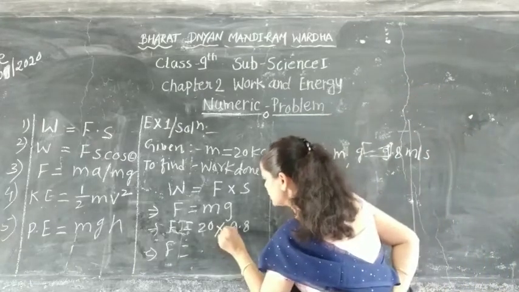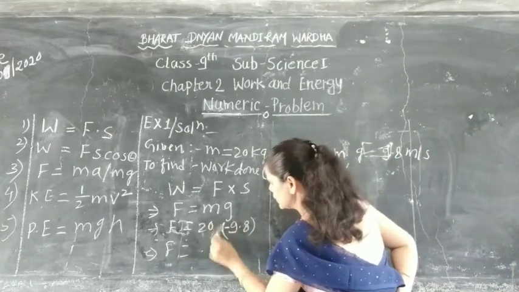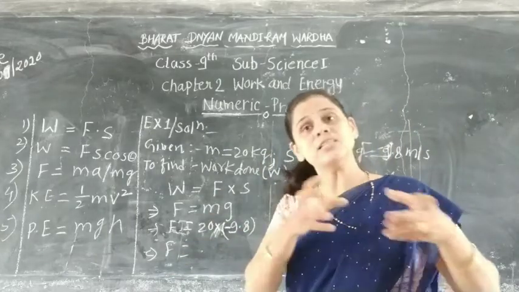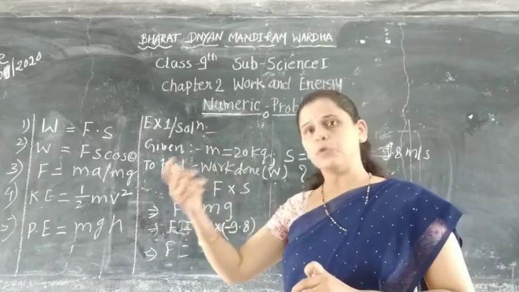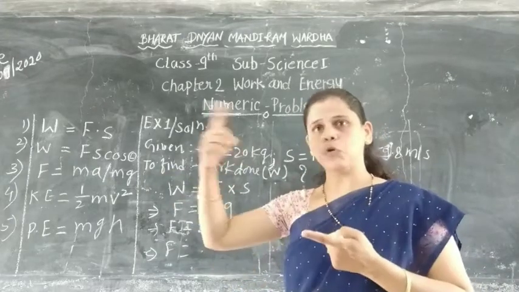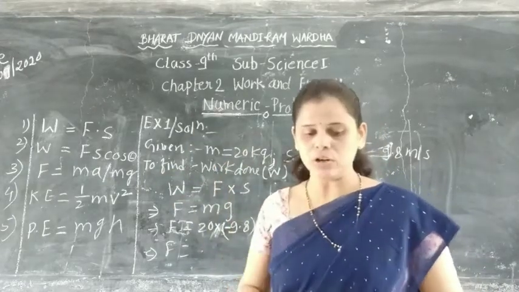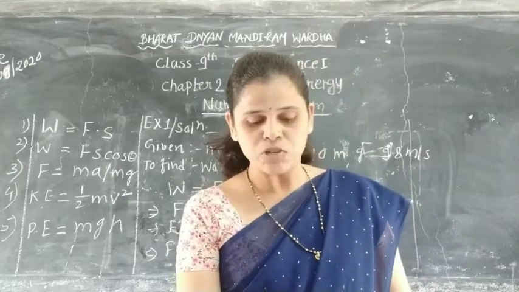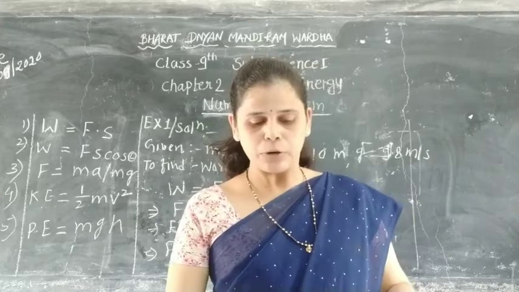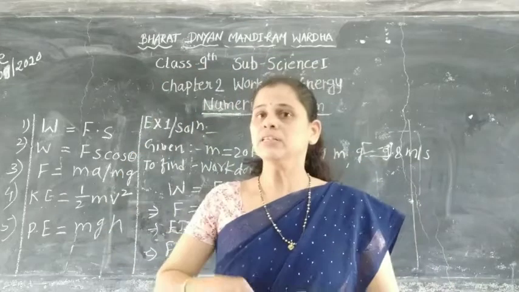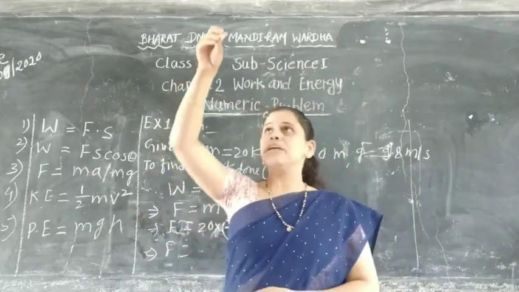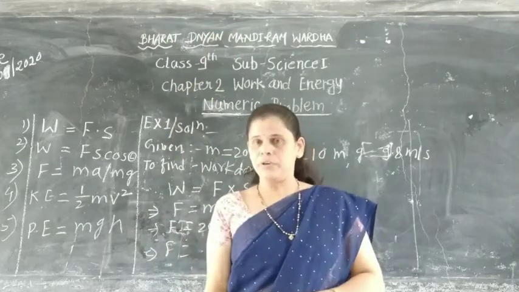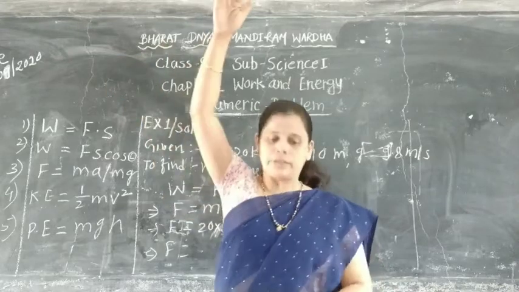here use the minus symbol. This minus symbol indicates the opposite direction of the displacement and the force. That means the direction of force and displacement is opposite, because in this question an object of mass 20 kilogram is taken to a height of 10 meter.